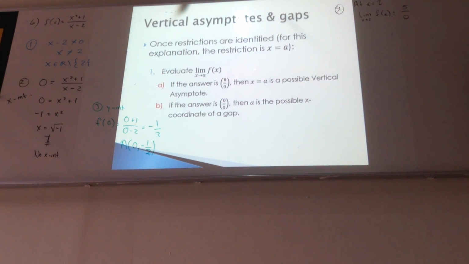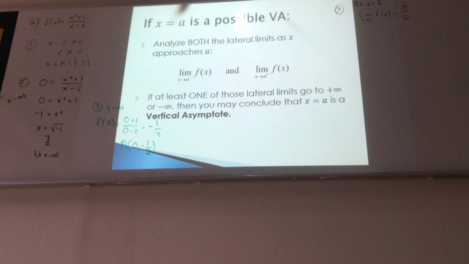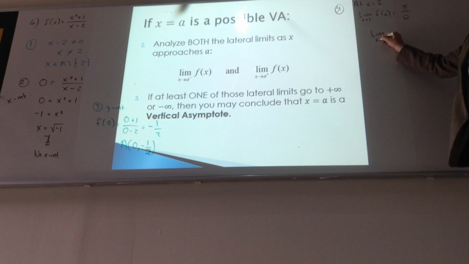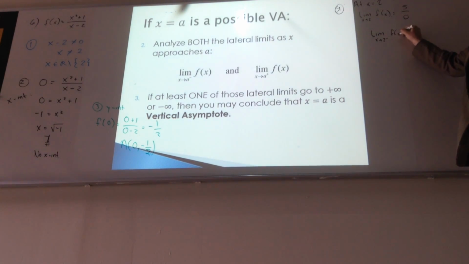So, if that happens, it's a possible vertical asymptote. The next step then is to check left and right: 2 from the left, and 2 from the right.